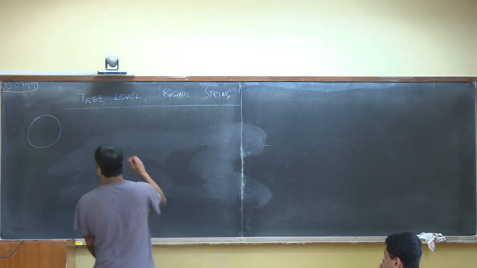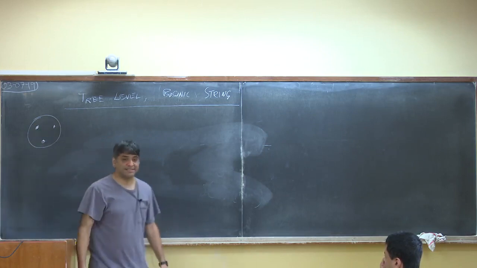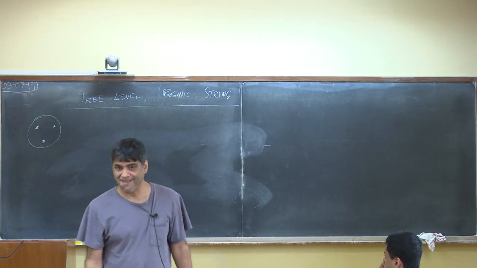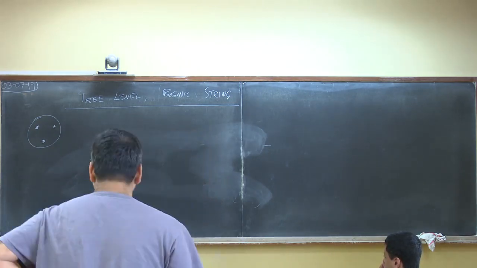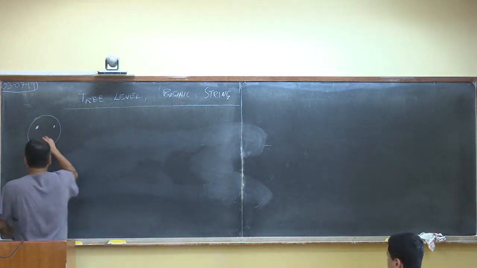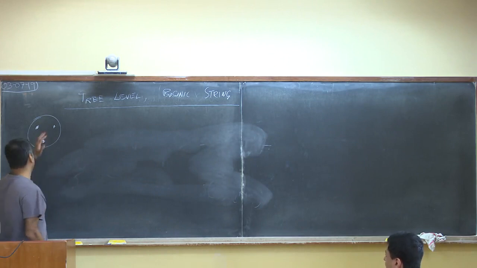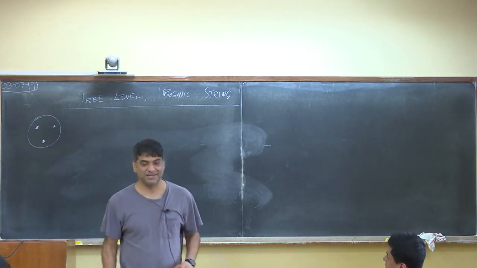So we're going to start just with 3-point scattering. Now, 3-point scattering is non-trivial both from the point of view of string theory and field theory. 3-point scattering is an interesting observable.